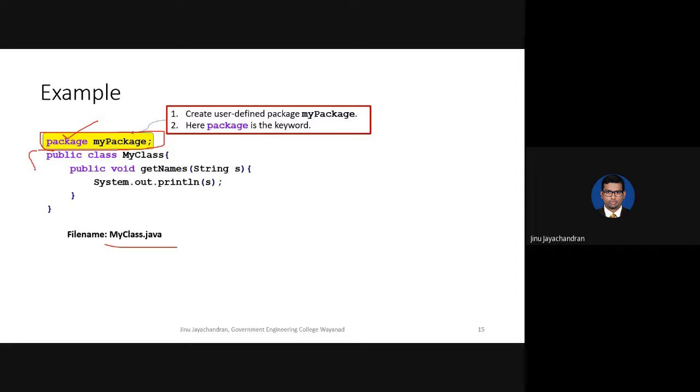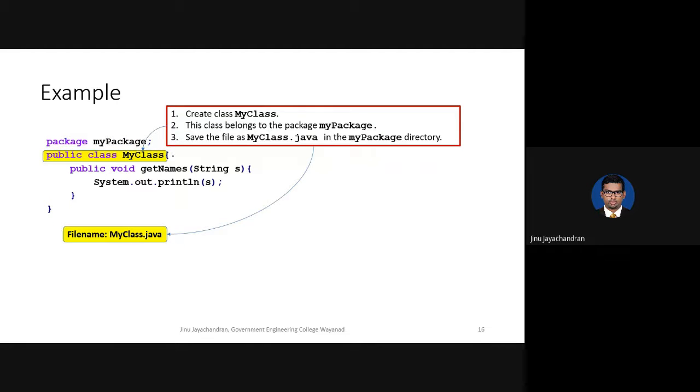So you write your program so that this class, MyClass, will be inside the package called mypackage. Now this class belongs to the package mypackage, and you save the file MyClass.java in the mypackage directory.